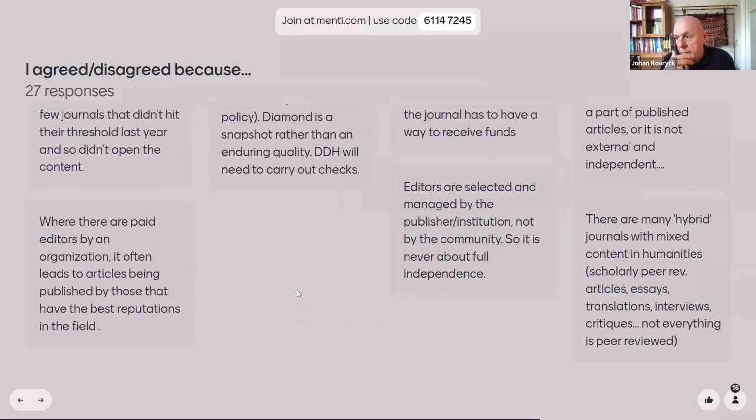Any scholarly editor that I know knows that their reputation depends on the articles that they publish. This is something that I'm always very aware of when I publish articles. This is also about my reputation. If I publish a crap article, people will come back to me about it, and they should.